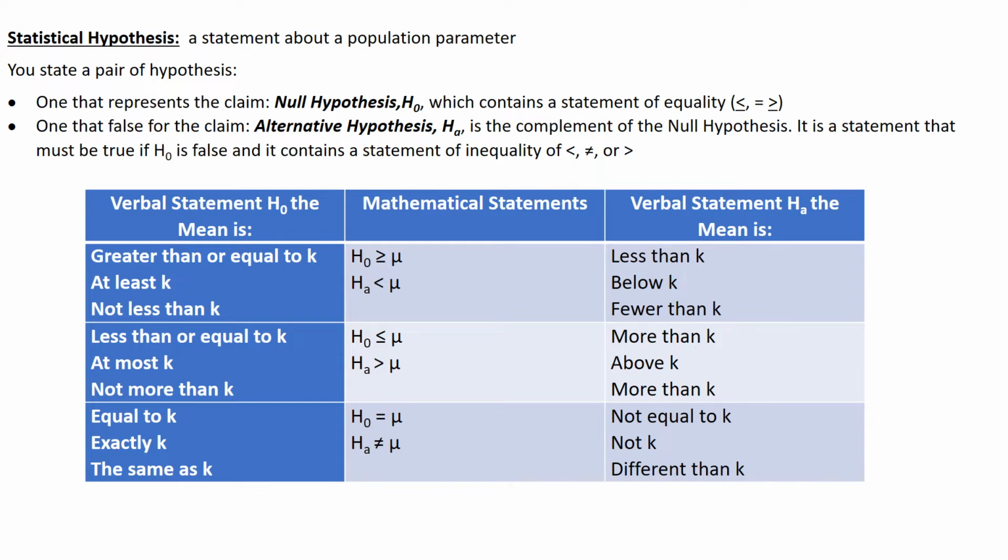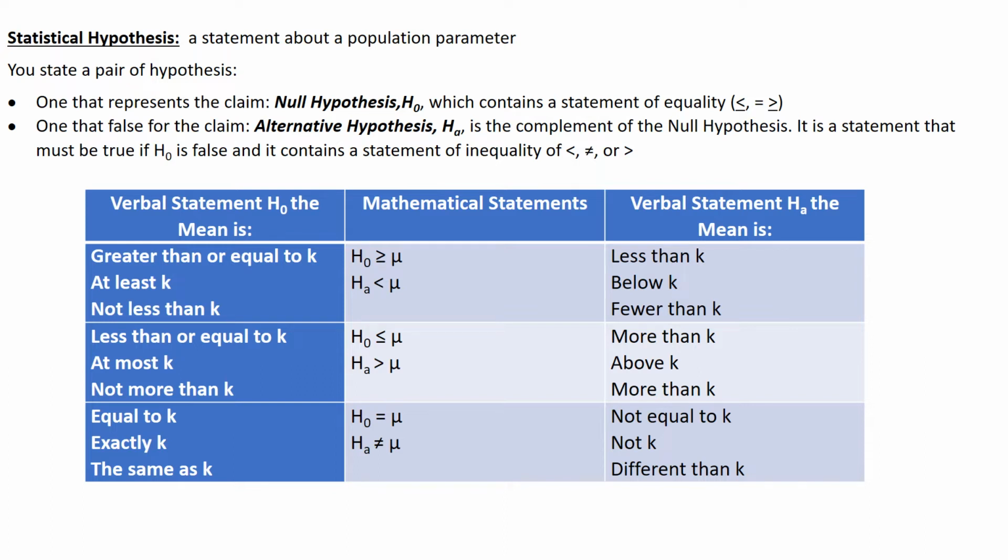So that's what the claim is representing. For example, on the previous page, the null hypothesis would have been that they claim they get 50 miles a gallon for the hybrid car. So in this case, we would say H sub 0 equals mu, or H sub 0 equals 50 miles to the gallon.